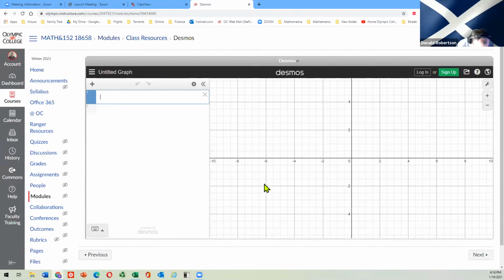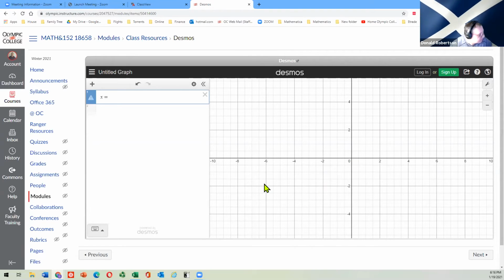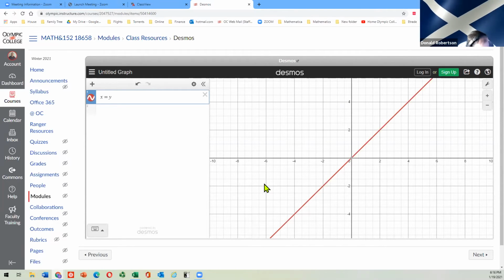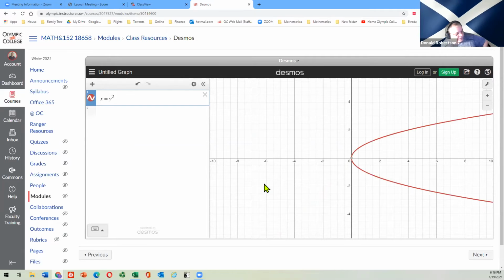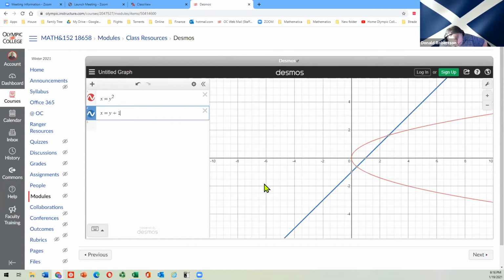we got this. And I should be able to type in x equals y squared. There, you see it in red? Now, enter. And x equals y plus 1. There you go. And we're interested from 0 to 1. Okay, I've got my picture.